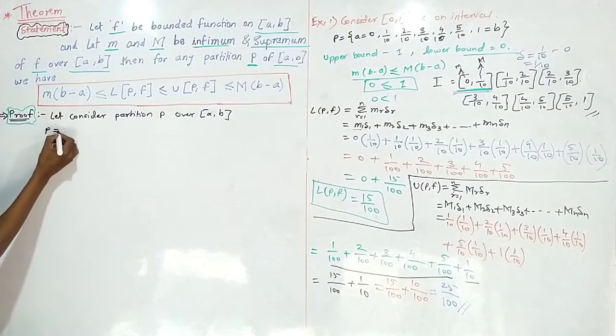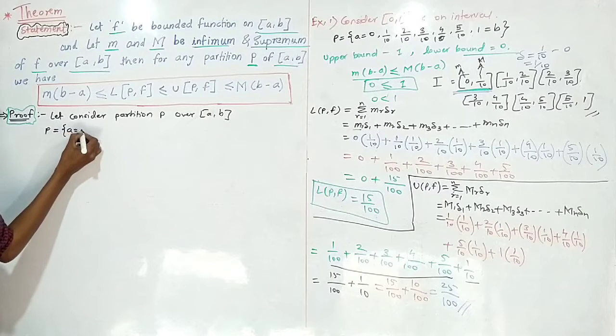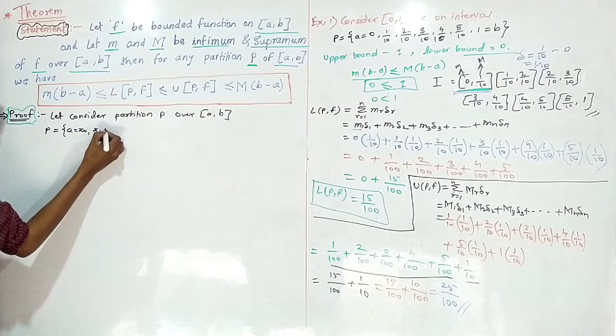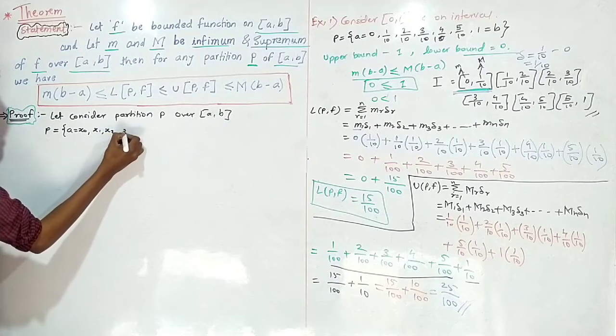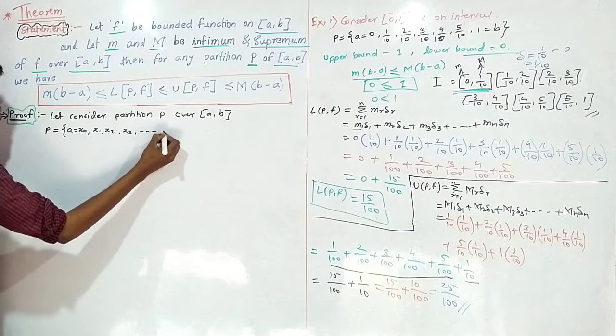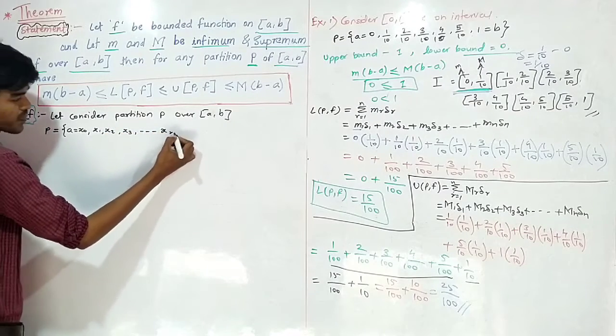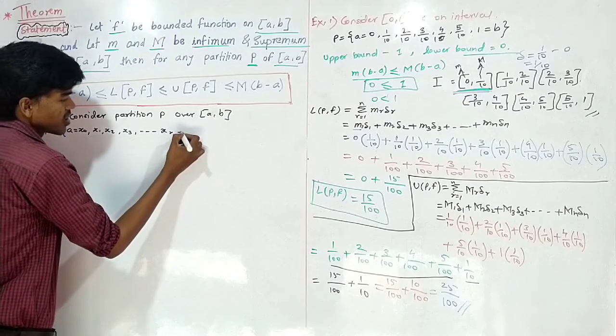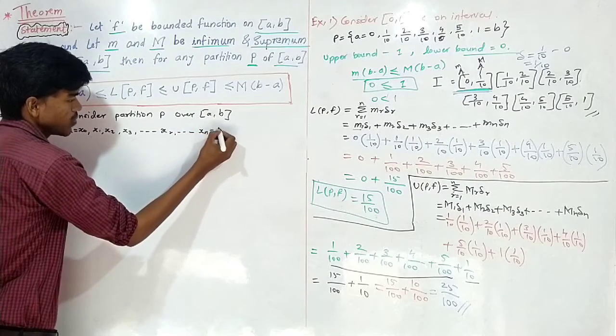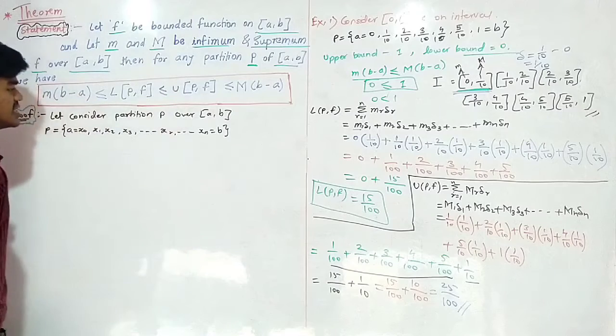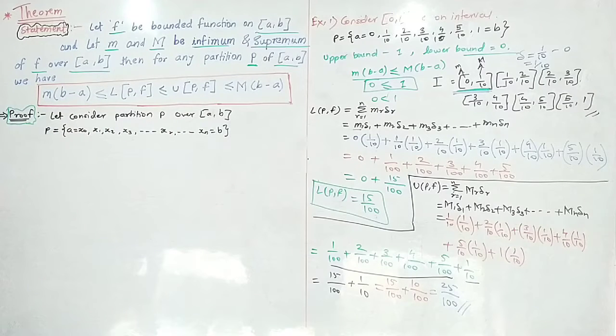That is, P is equal to, let's say, a is equal to x0, x1, x2, x3, and so on, xr, and so on, xn equal to b. This is our required partition for this.